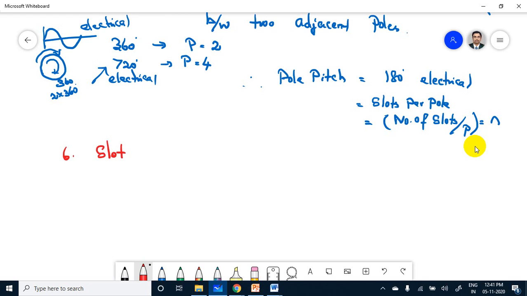The slot angle notation is beta. What does a slot angle mean?